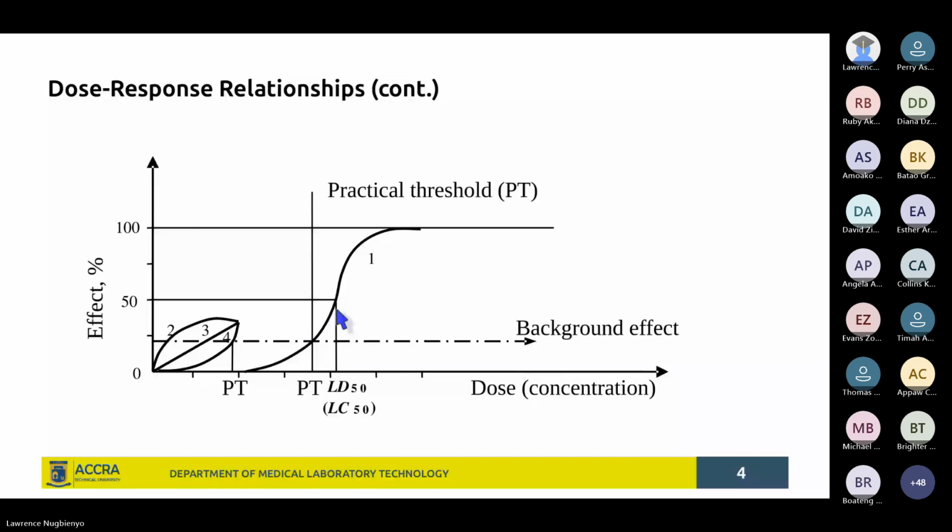So if you are looking at the super minute concentrations, then that intersection there for these curves is what we are referring to as the practical threshold. That concentration there is a practical threshold.